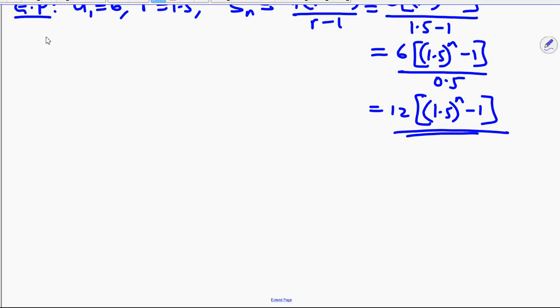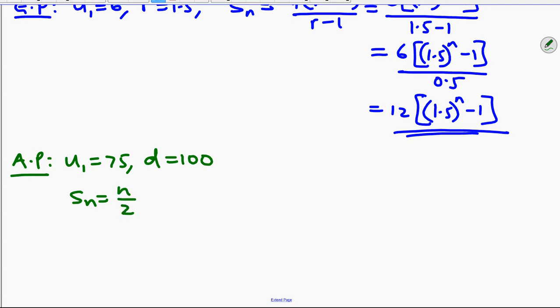Now, for the arithmetic series or arithmetic progression, u1 is 75 and d is 100, which means that the sum of n terms will be n over 2, this is the formula, 2u1 plus n minus 1 d.